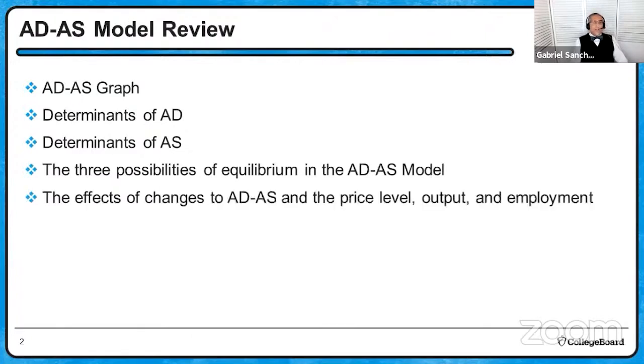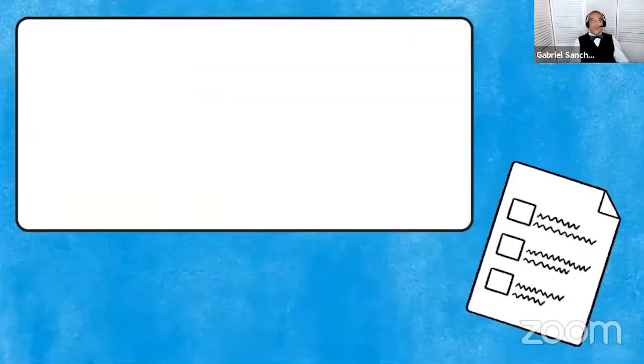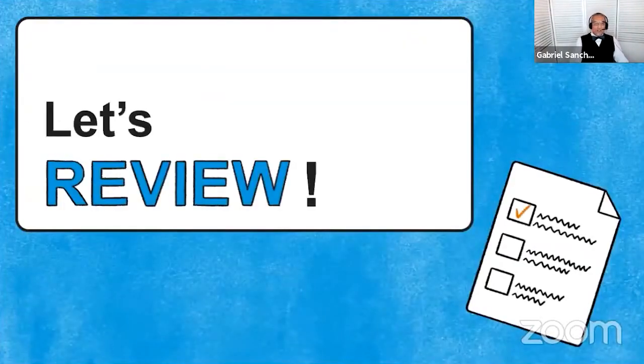We're going to look at the effects of changes to aggregate demand and aggregate supply and the changes that occur to the price level, output, and employment. And we're going to do all that by practicing with free response questions. We have 3 questions we're going to work on. So let's get to it. Let's get going. Let's get reviewing. Let's get this party started.